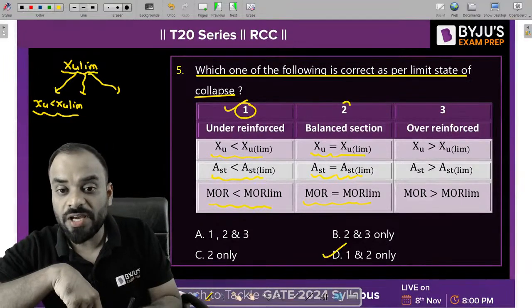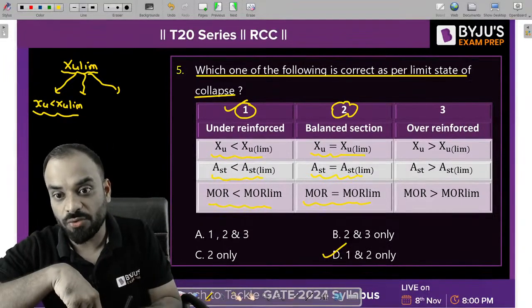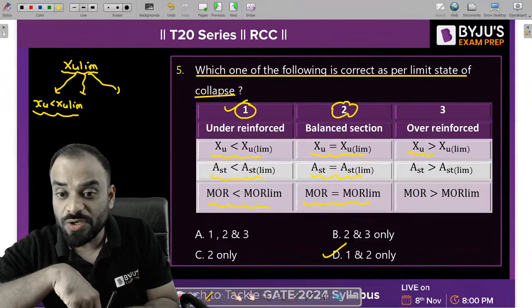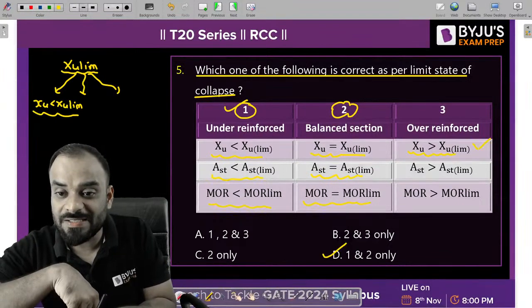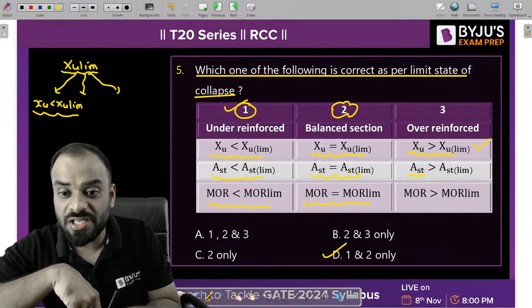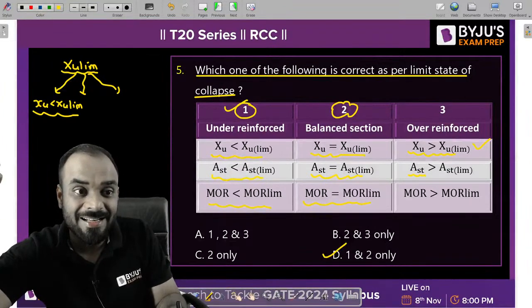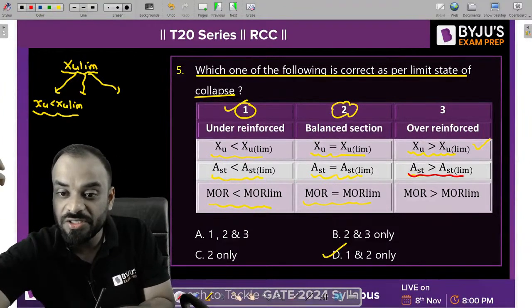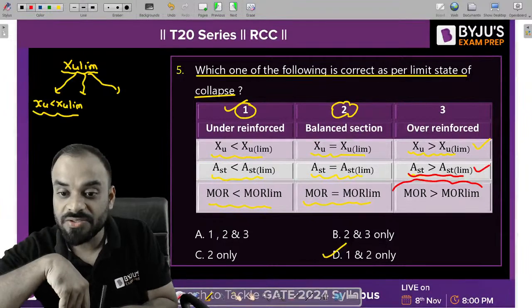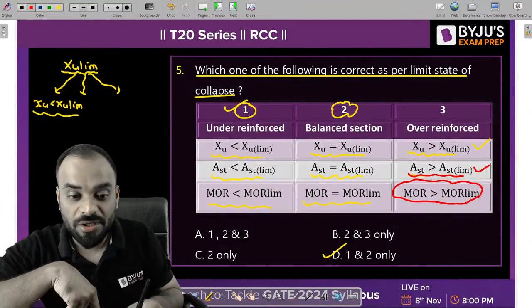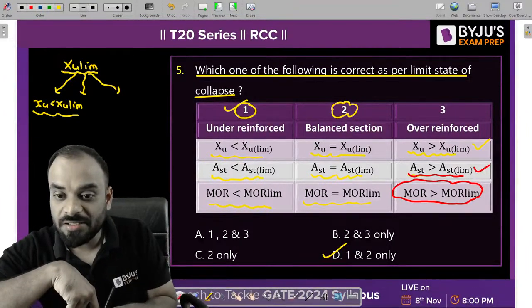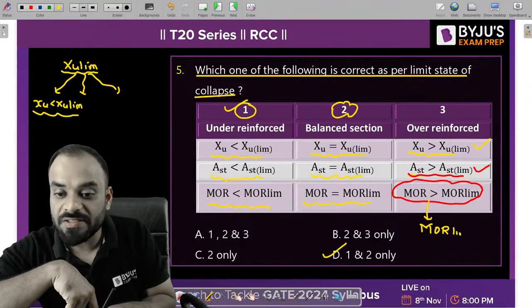But if you talk about, guys, third option, you have to think about it. The value of XU is greater than XU limiting. Yes, it is correct. The area of steel which we have provided is greater than AST limiting value. It is also correct. But this statement is wrong. The moment of resistance by the over reinforced section is always equal to the limiting section only.